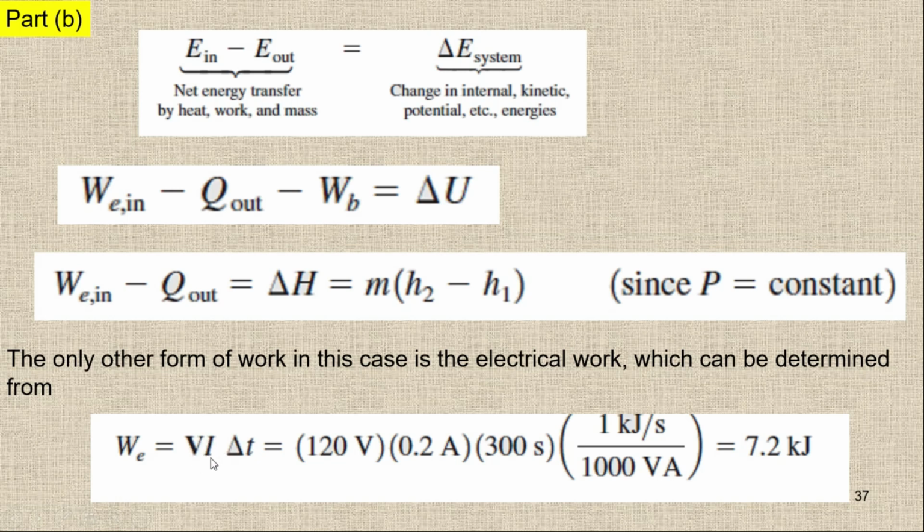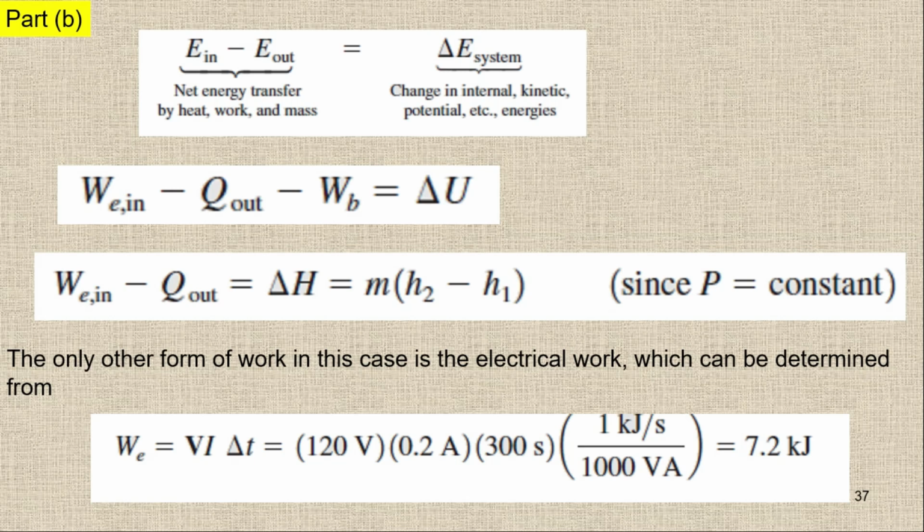So we have power and we have time, and when you multiply power with time, you will get electric work. Here voltage is given, which is 120, I is given, which is 0.2, and delta t is given, which is 5 minutes. But in the SI system, we normally use time in seconds. So 5 minutes means 300 seconds, 5 multiplied by 60.